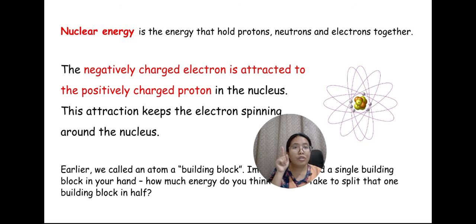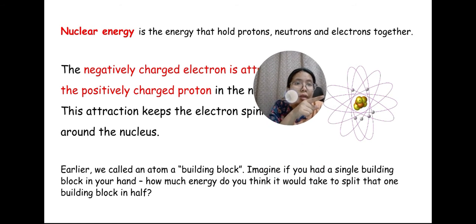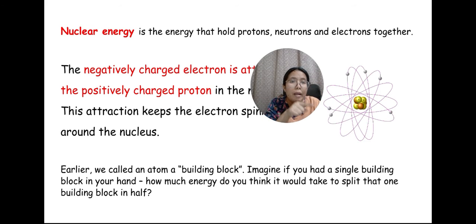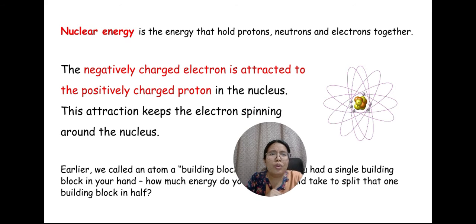Pwede naman si electrons dun lang sa may side, tas nakapaikot siya na parang bulaklak lang. Pero bakit paikot-ikot yung ating electrons? Kasi nga, na-attract siya or gusto niyang dumikit doon sa protons.